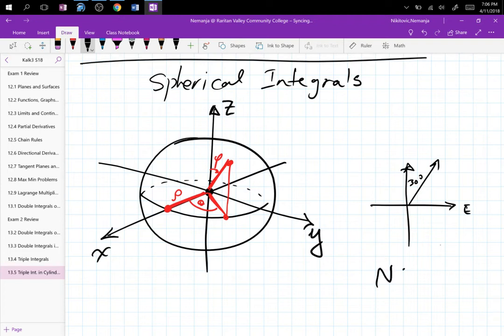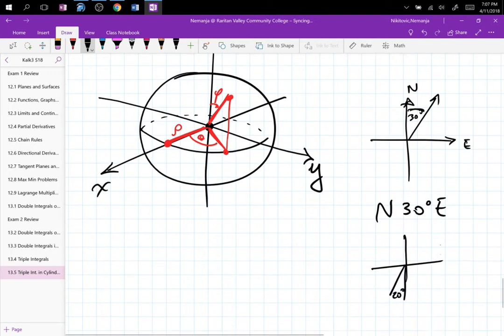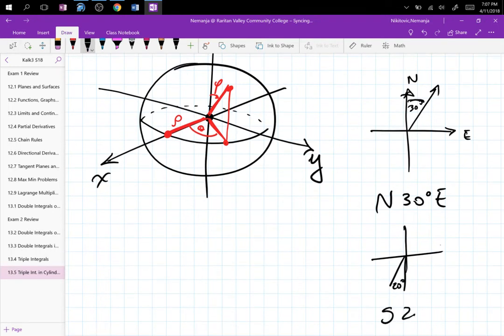So you would say north 30 degrees east. You measured the angle off of the north, or you measured the angle off of the south, like this. So this is, let's say, 20 degrees. So you would be south 20 degrees west, because this is west on this side. You remember? Well, if you don't remember that, there you go.